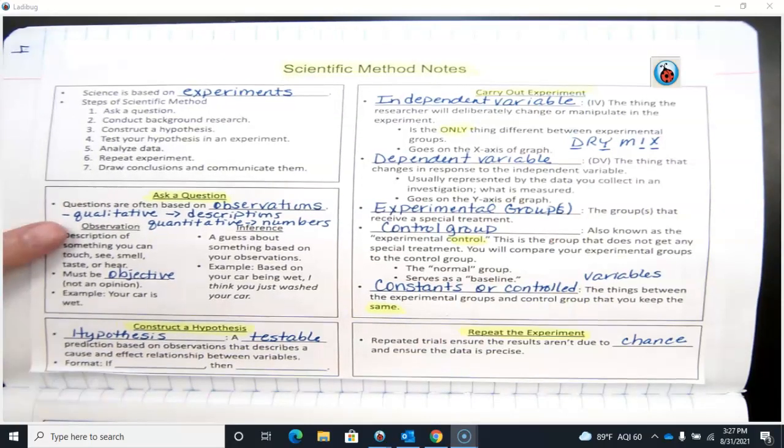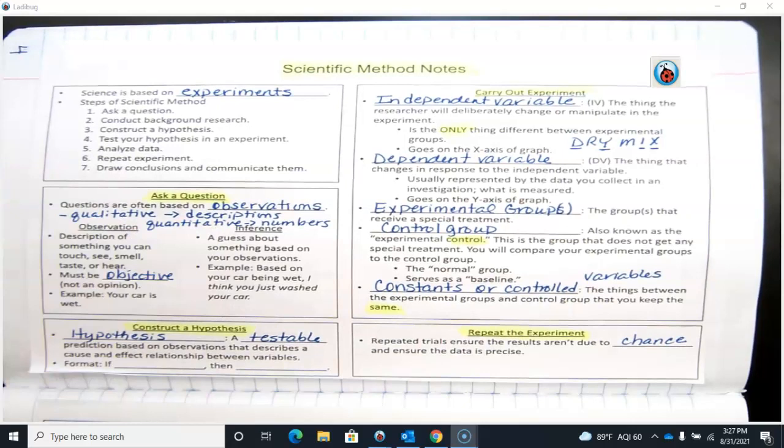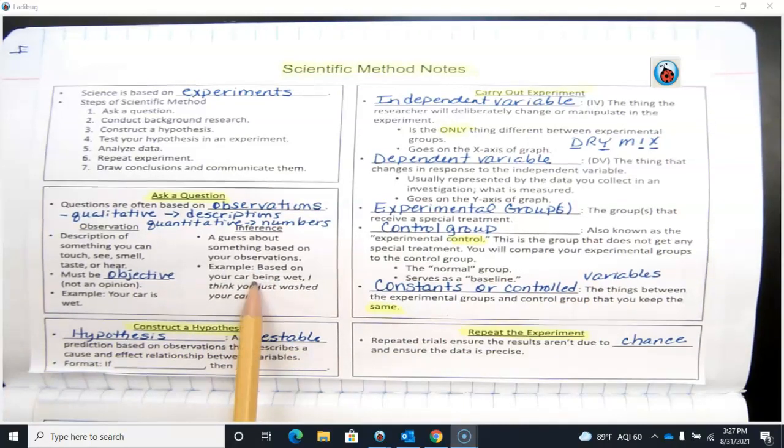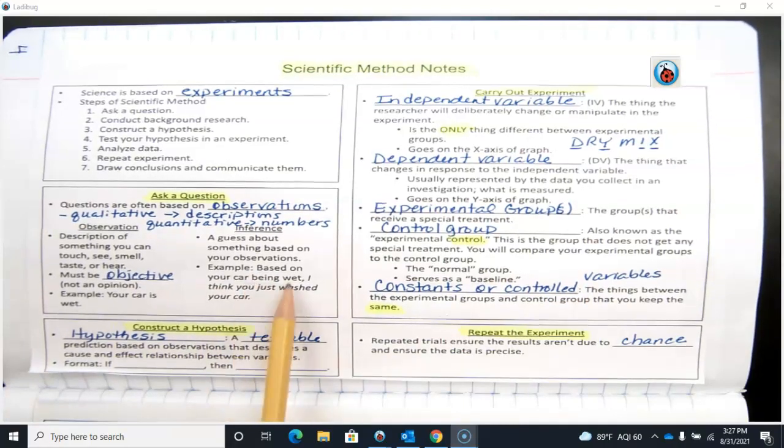Please don't confuse observations with inferences because a lot of students do. An inference is a guess, or you're drawing a conclusion about something based on your observations. So again, when we look at our example, based on your car being wet, that first part is an observation.